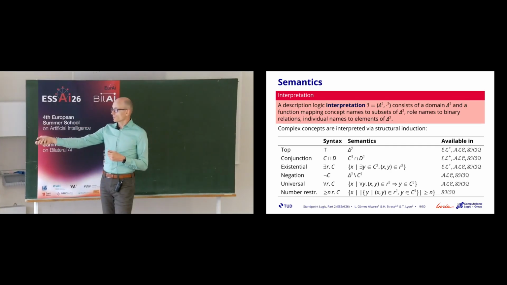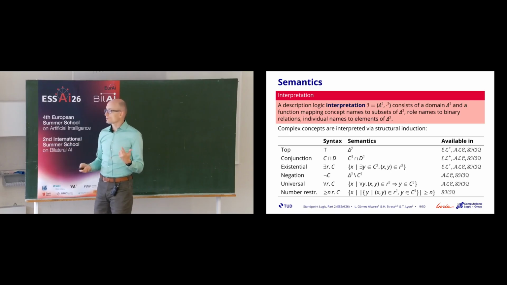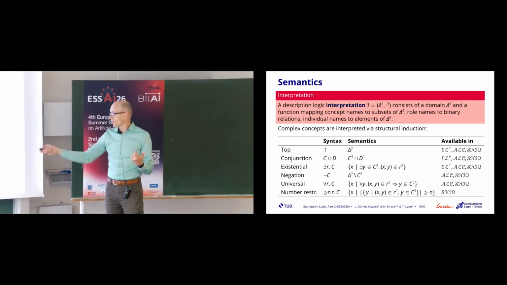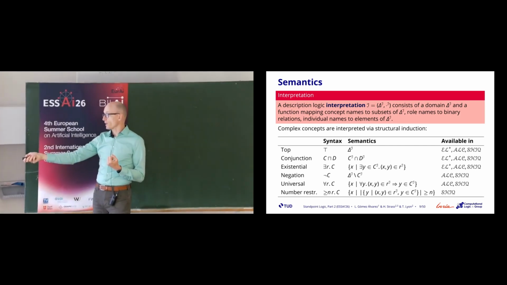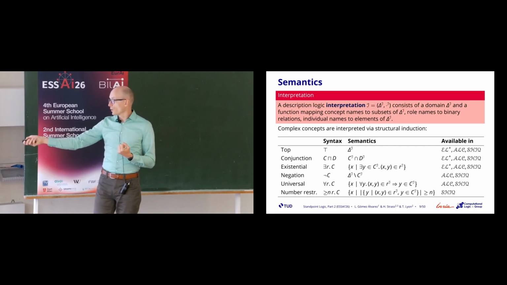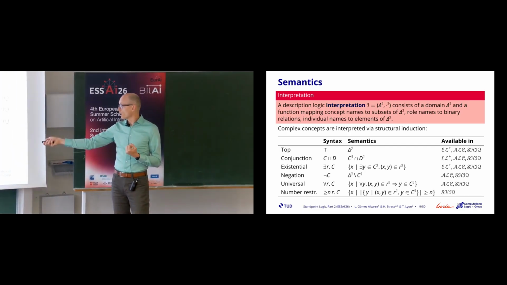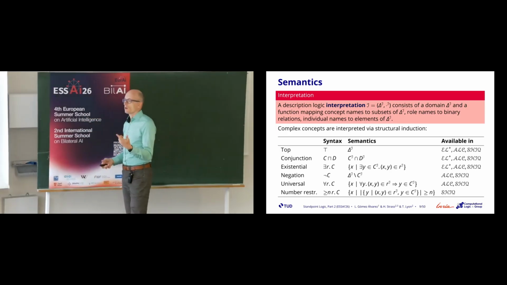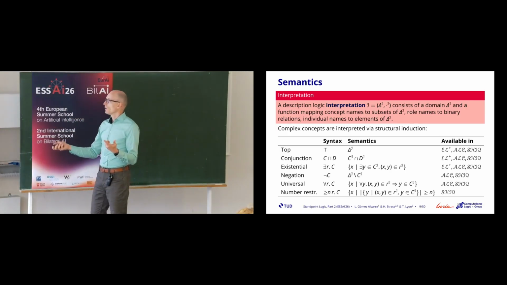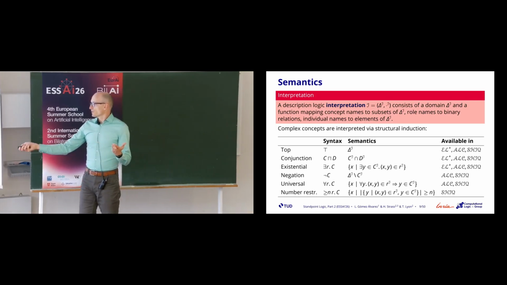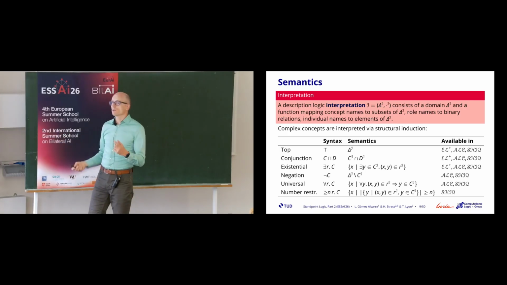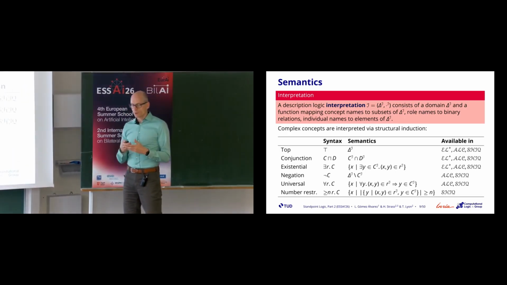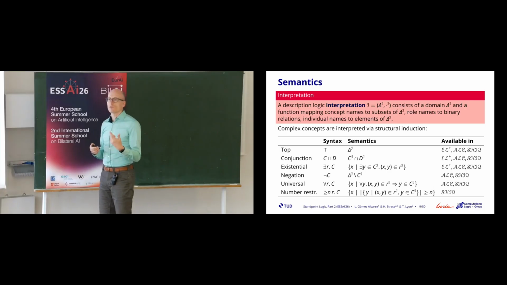Dually to existential restriction, we have this universal or value restriction saying that all R.C is interpreted as the set of all X for which it holds that all R successors Y are Cs. Right? So it only has R successors that are Cs. And the number restrictions are, as you would expect, an existential restriction where you additionally require a lower bound on the number of such successors.